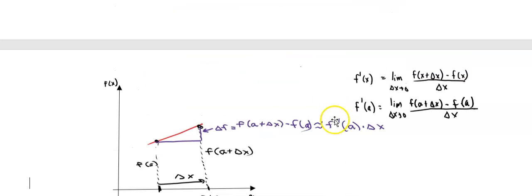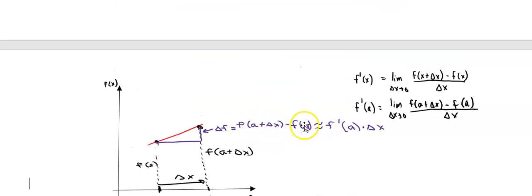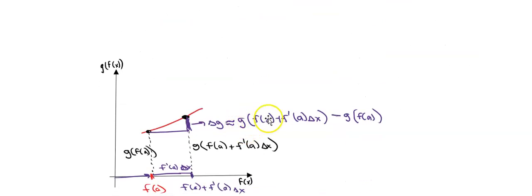Now, up here, we made a recognition that this is the numerator of our definition of derivative, f prime at a. Now, likewise, this is the numerator of the definition of the derivative, but not just f prime at a, but g prime at f of a.